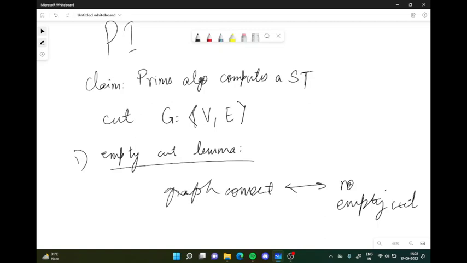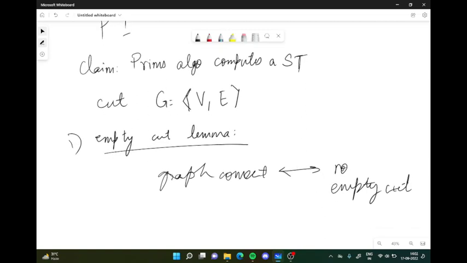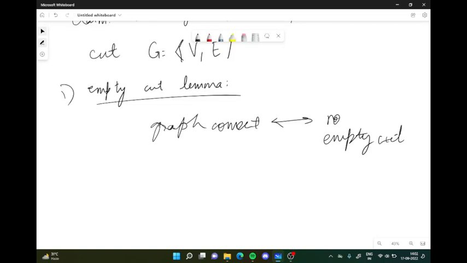So there exists no cut which is empty. And conversely, if a graph has an empty cut, that means there exists no path from some vertex on the right hand side to some vertex on the left hand side. Basically, the graph is disconnected, so to speak. So if I have a graph, let's say like this, and let's say it's a connected graph, that means there are edges between each pair of vertices.